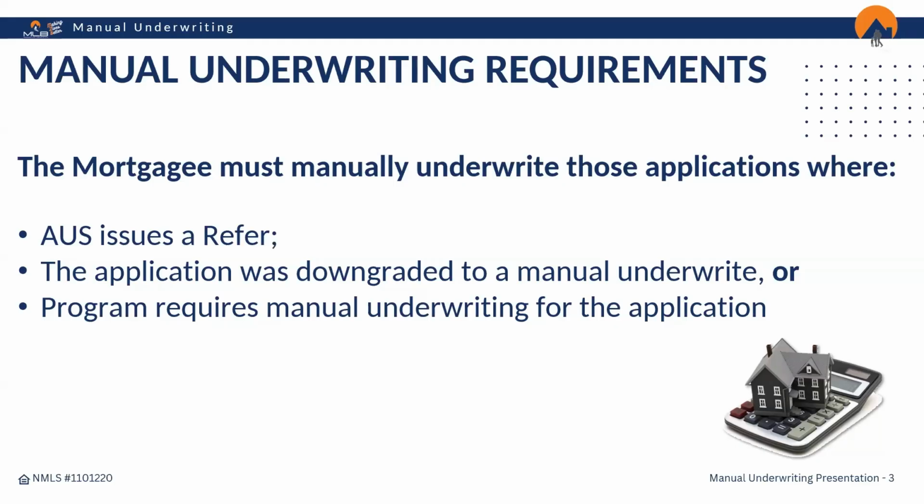That means that the system could not automatically approve the file, so the loan must be reviewed manually by an underwriter. There are other scenarios other than the AUS issuing the refer. The second scenario would be if it's downgraded by the underwriter themselves. So the underwriter looked at the full file, even if we have an approve in our automated system, and the loan has to be downgraded for one reason or the other.